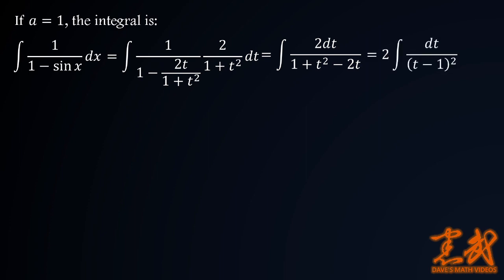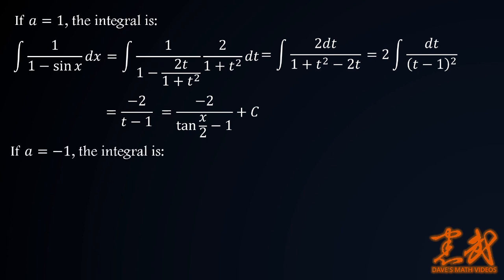Fortunately, this turns out to be a perfect square binomial, so we can write down 2 times the integral of 1 over the quantity t minus 1 squared with respect to t. We can then carry out a simple power rule to find the integration, and this gives us our final answer of negative 2 over the tangent of x over 2 minus 1, plus, of course, the constant of integration.